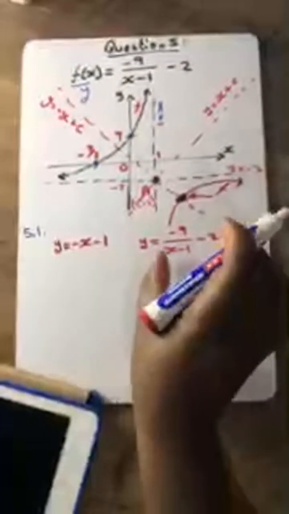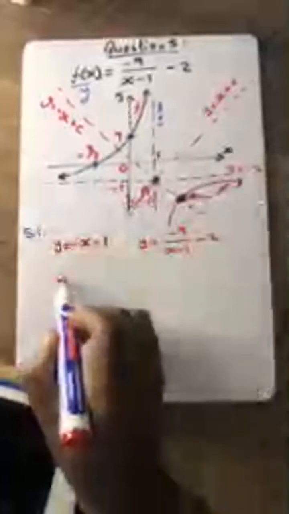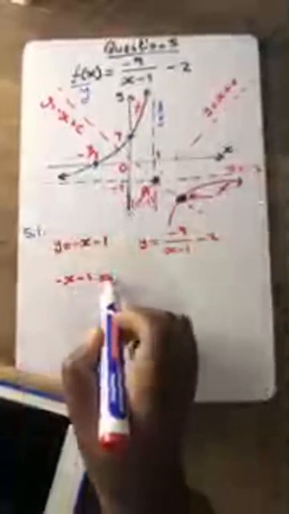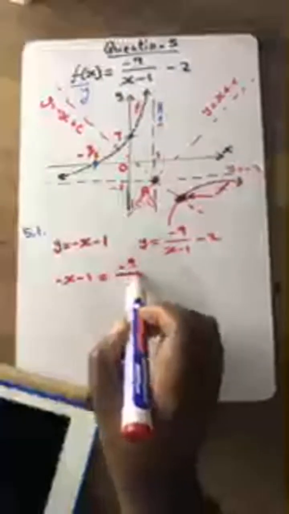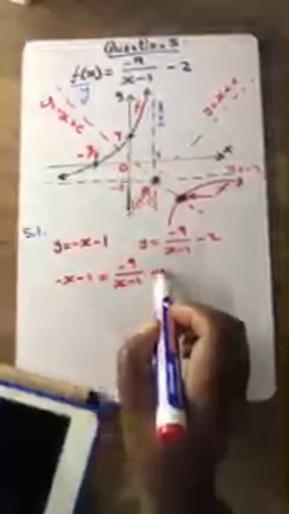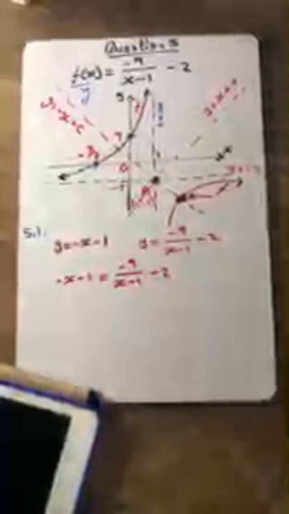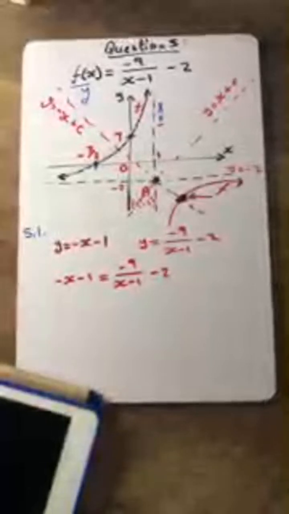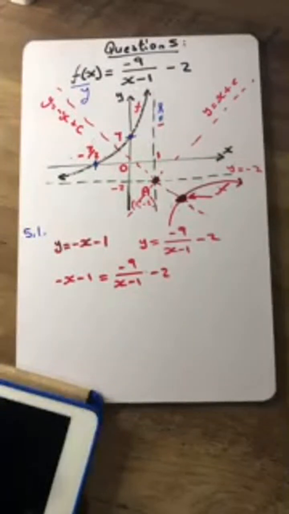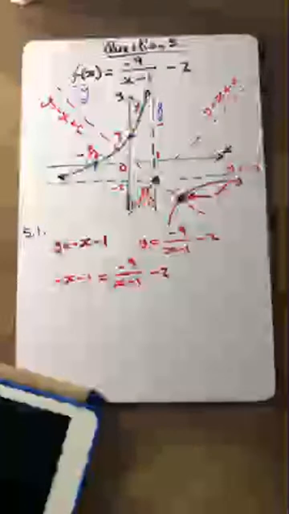What I'm saying is you take these two equations, you equate them together. So it's like you are having negative that and that, negative 9 over x minus 1 minus 2. Then you solve for x. After you've calculated your x value, then you find y.